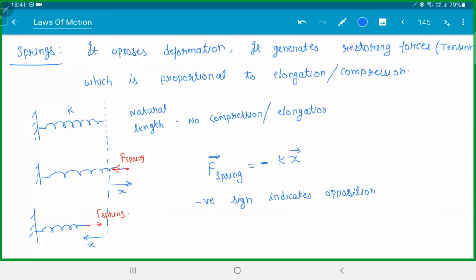So basically, this is your elongation. This is your compression. So if you push the spring, it pushes back.